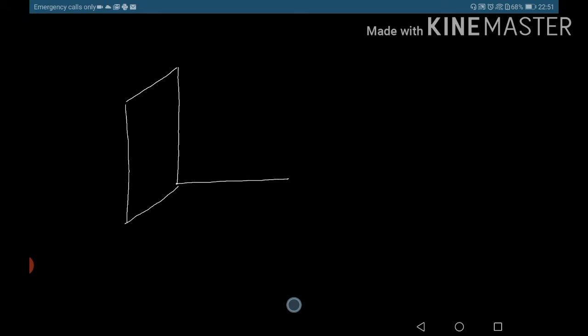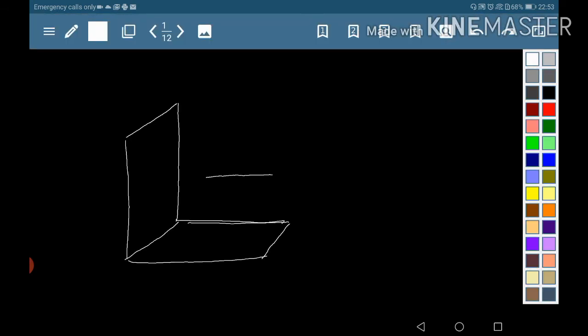So first of all, we draw our first quadrant just for the sake of understanding. This is our first quadrant. If I draw a line like this, since this is a line, got my point?